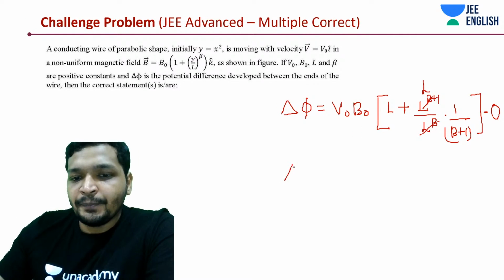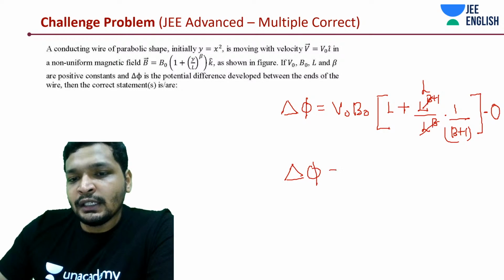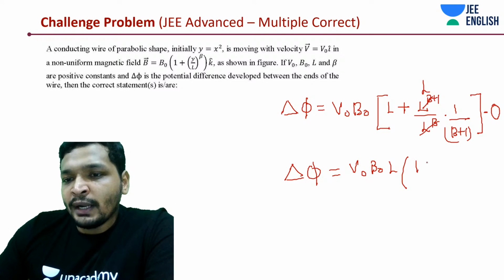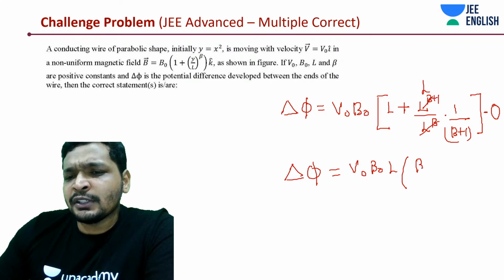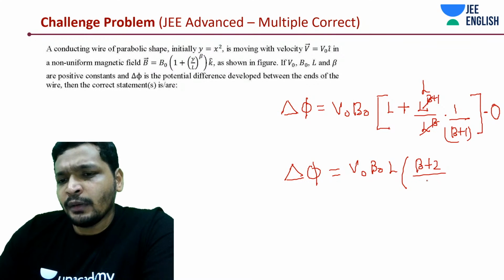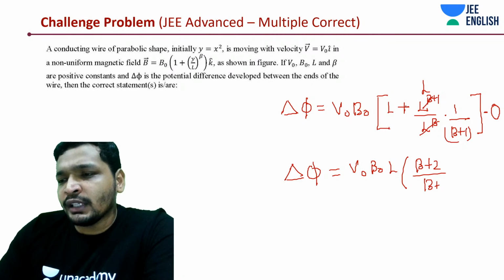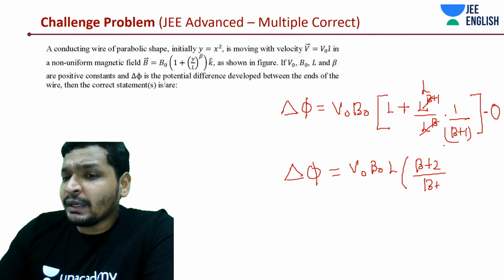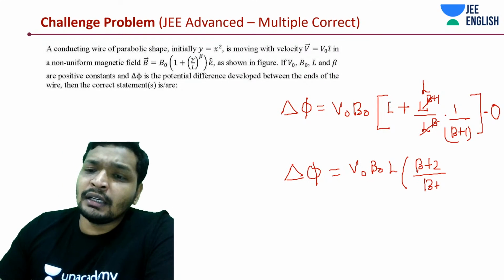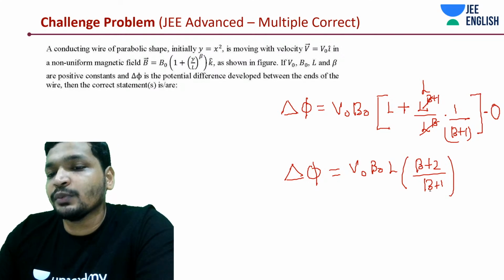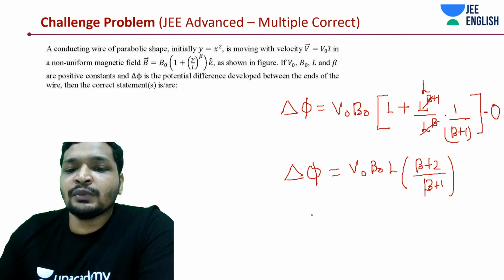So del phi is equal to V naught B naught L into 1 plus 1 by beta plus 1. Taking that to the numerator, beta plus 1 plus 1, beta plus 2 divided by beta plus 1. So a simple equation is what we have got.